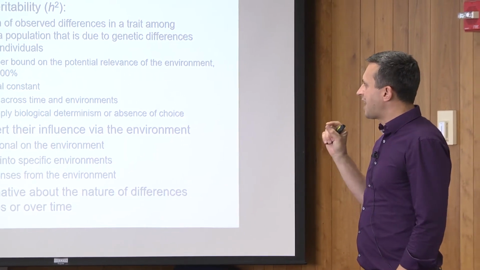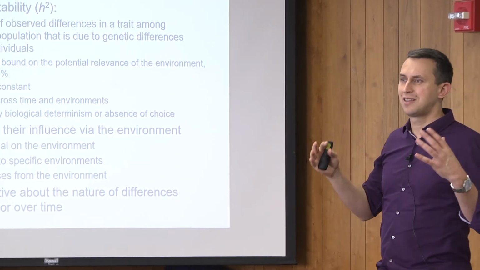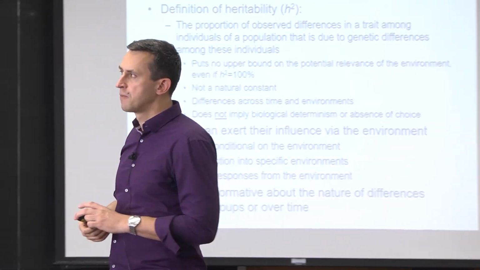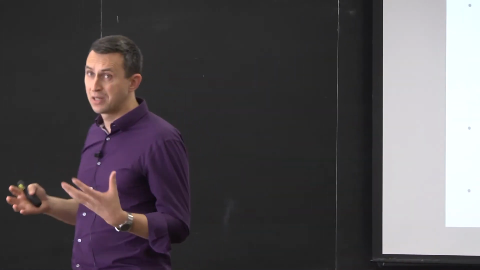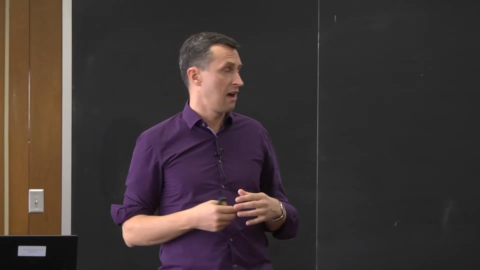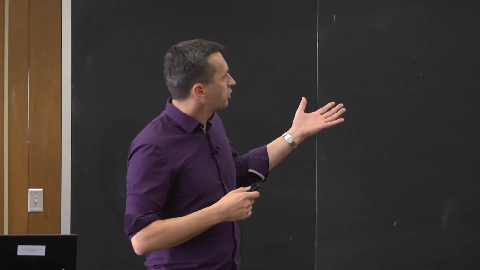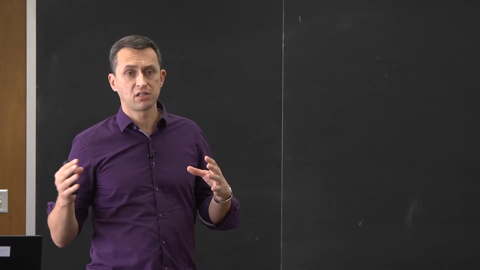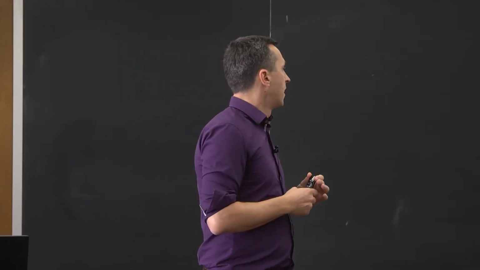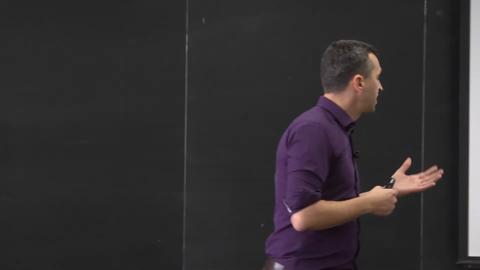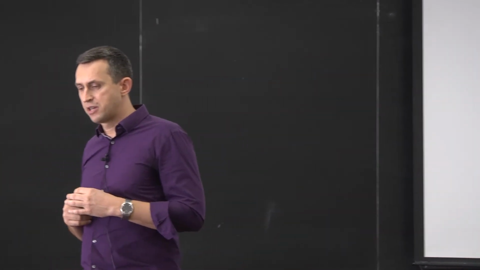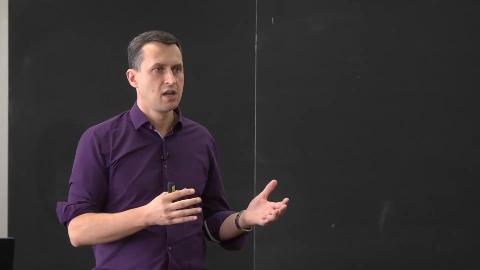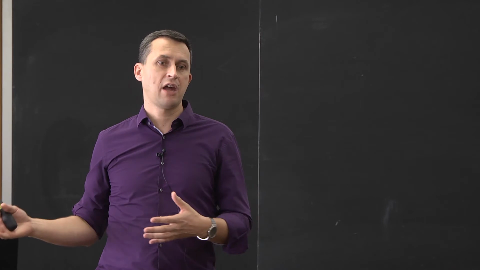It's also important to understand that heritability is not a natural constant. It's nothing that is God-given, that drops from heaven and we just have to deal with it. It's rather a consequence of the environments that we live in and the constraints that we have. And as a result of that, you actually find that heritability estimates of the same trait often vary across environments and over time. So for example, you see pretty remarkable differences in the heritability of body height when you study populations in Western countries versus populations in sub-Saharan Africa.